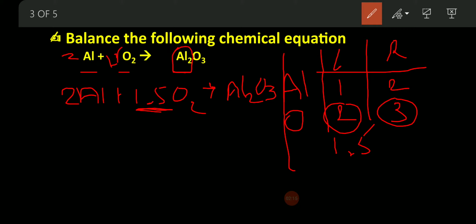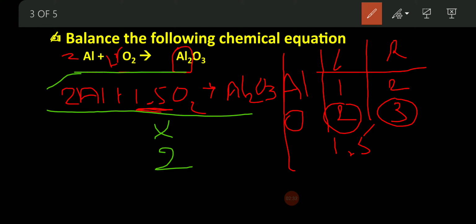You can multiply the chemical equation by any number so that our equation will not have a fraction. So here I can multiply this whole equation by 2.